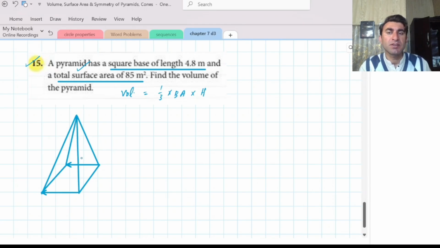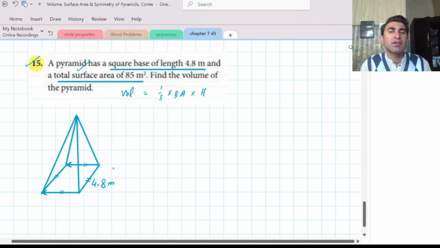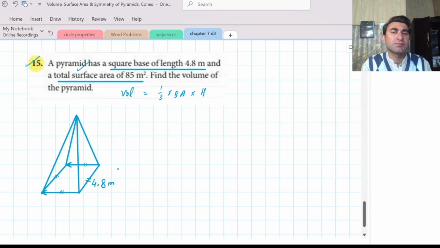So this is a pyramid with a square base of side 4.8 meters. This side is 4.8 meters and all other sides of the base are also 4.8 meters. Now we are to find its vertical height, and we are given the total surface area. In order to draw its net, we know it is a square base pyramid, so I will draw a small net over here.